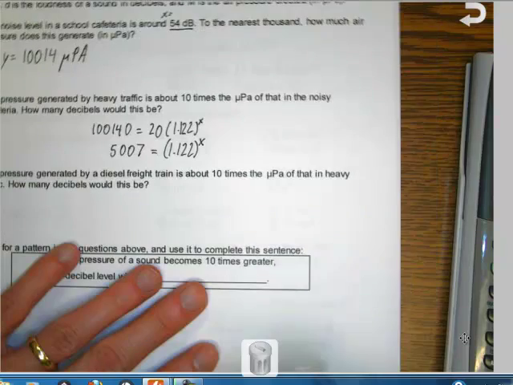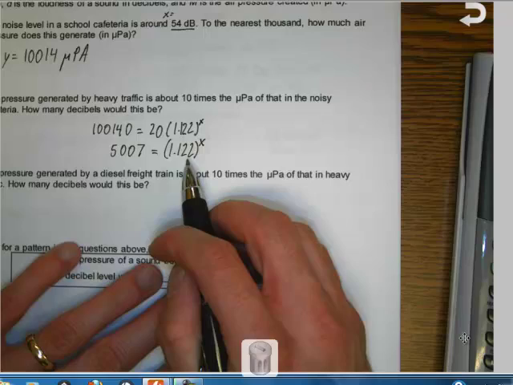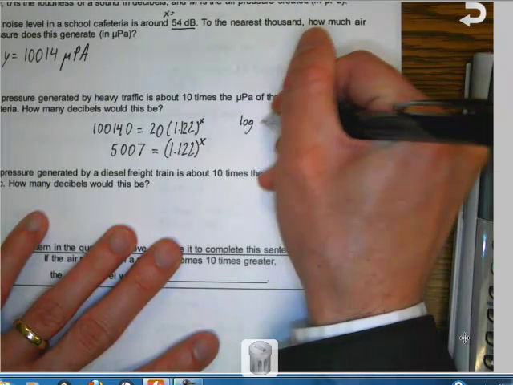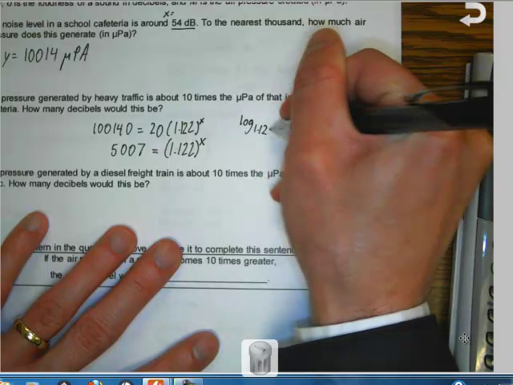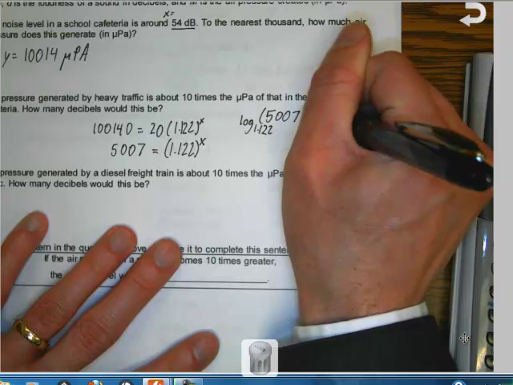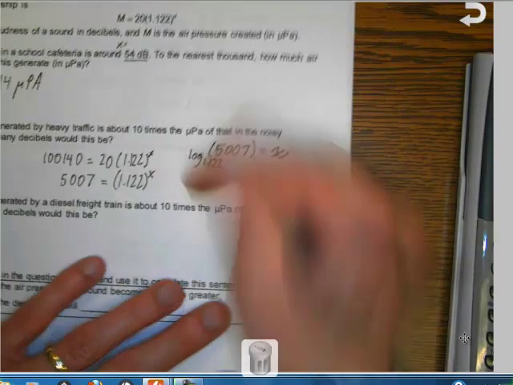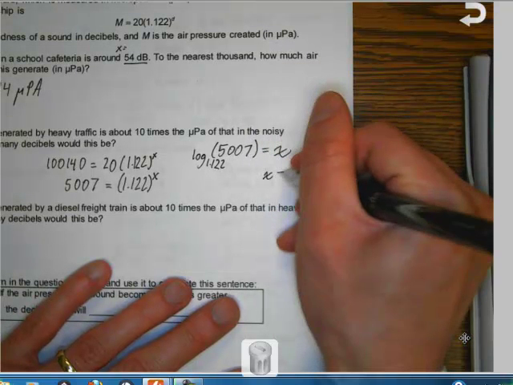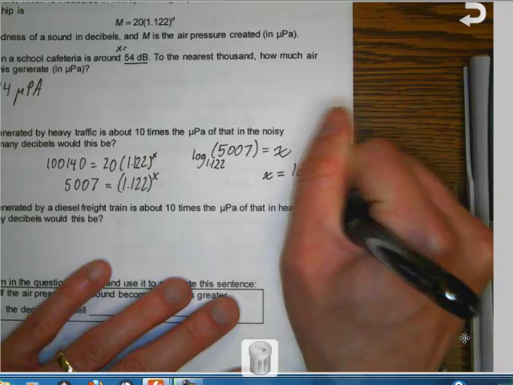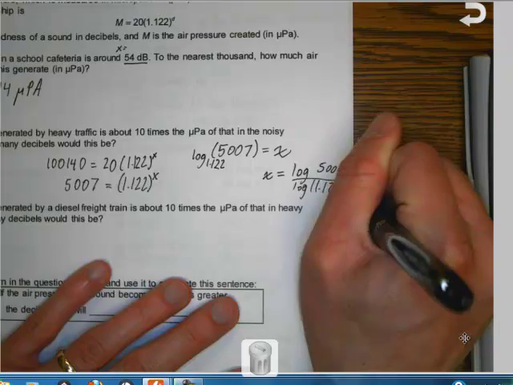Now, this means that in order to cancel my base, I take the log. So I've got the log base 1.122 of 5007 is equal to x, which means I use my change of base and say that x is equal to the log of 5007 divided by the log of 1.122.